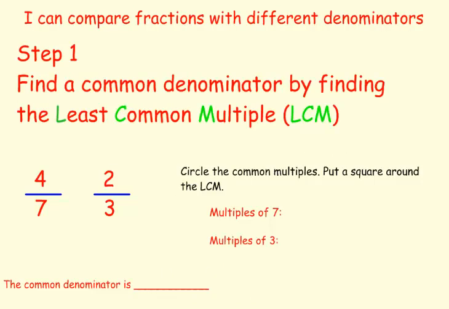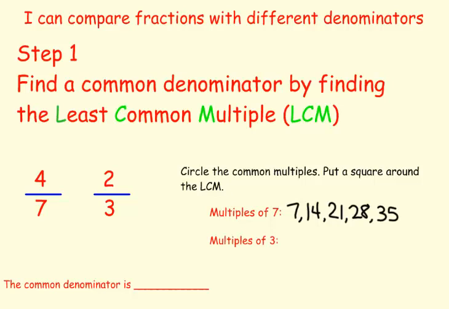Let's try another one. Step number 1, find a common denominator by using the least common multiple. So we look at the denominators, and do the multiples of 7. 7 times 2 is 14, times 3 is 21, times 4 is 28, times 5 is 35.